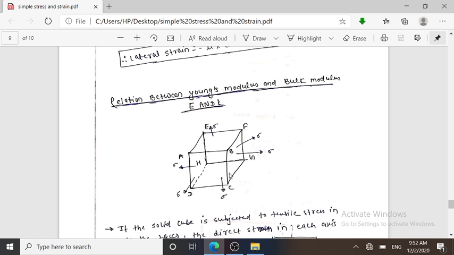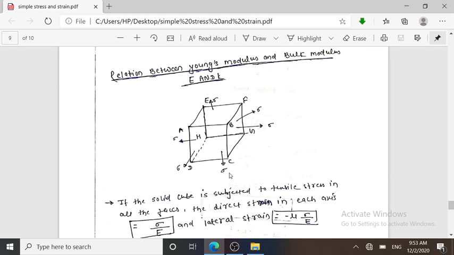So let us start. My dear friends, imagine that A, B, C, D, E, F, G, H is a solid cube. Here we are dealing with the relation between Young's modulus E and bulk modulus K. So I have told you that in the bulk modulus the normal stress is acting on each face. So let us start.